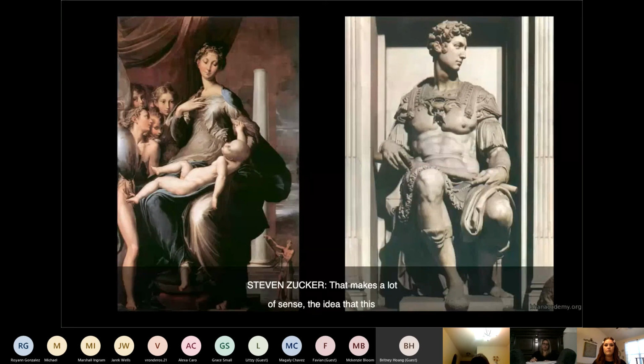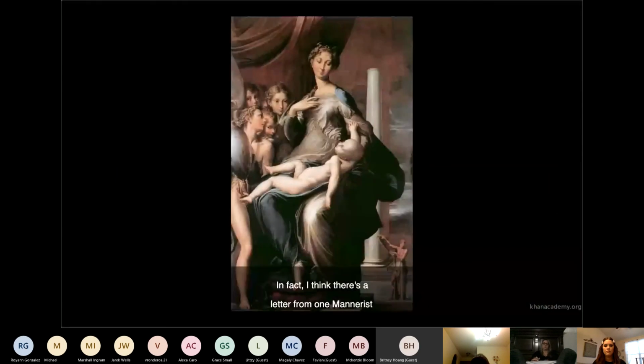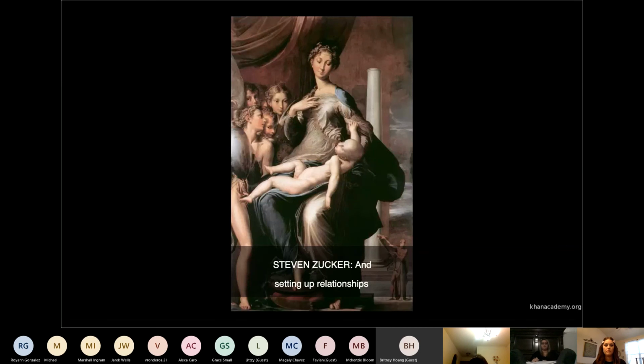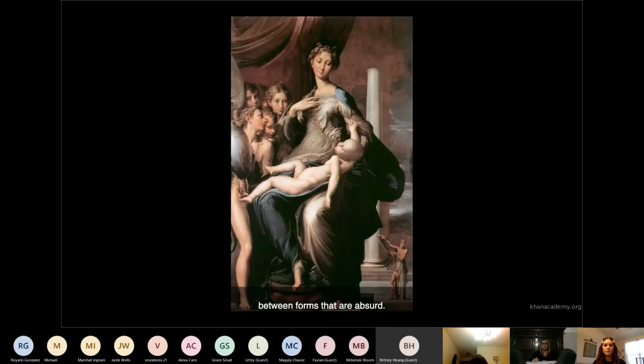That makes a lot of sense, the idea that this is art that is self-referential, that is referring to its own traditions. The respect for human anatomy and portraying that naturalistically, that's not important to mannerists. In fact, I think there's a letter from one mannerist artist to another mannerist artist where he says something like, take a left hand and put it on a right arm. It's like there's a willful complicating of the body. And setting up relationships between forms that are absurd.